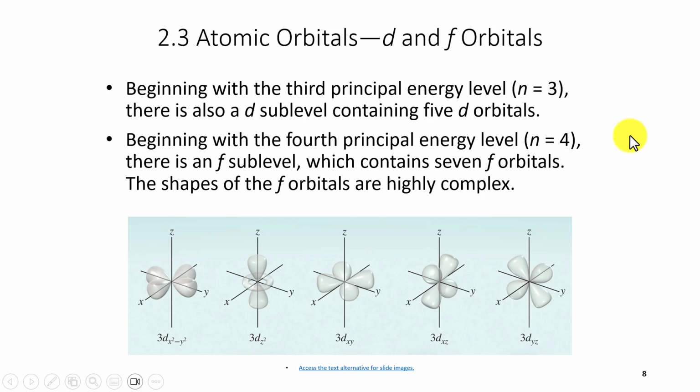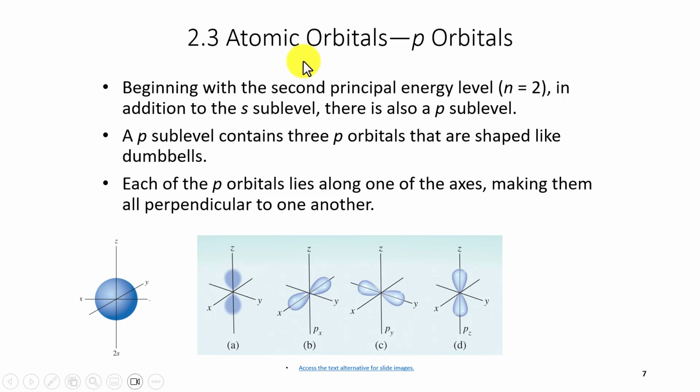So if I have an electron in the energy level 2, in the s orbital, and I have another electron in the p orbital, one of them, it doesn't matter, even though they're in the same energy level, n equals 2, the p orbital is slightly higher in energy than the s orbital.